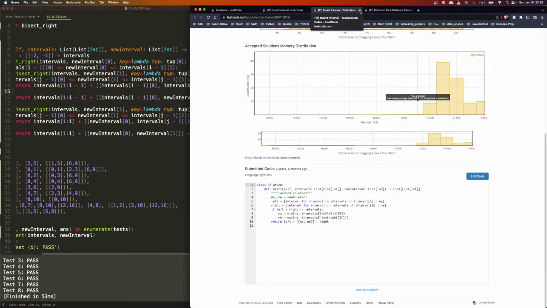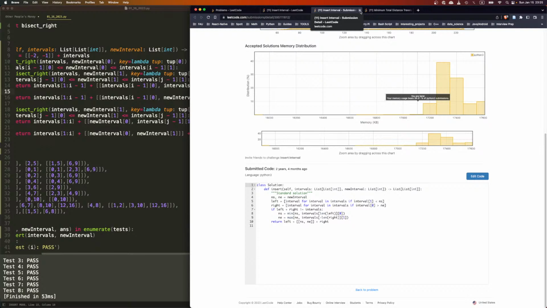Fair enough. And then the new one. Then we go on the right side, whose start is larger than me.